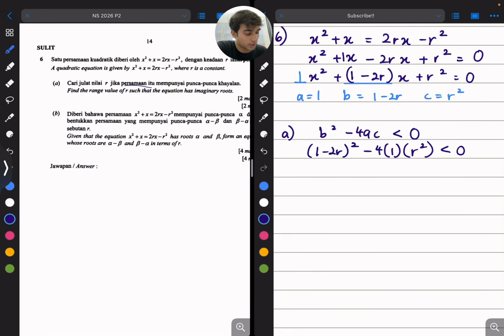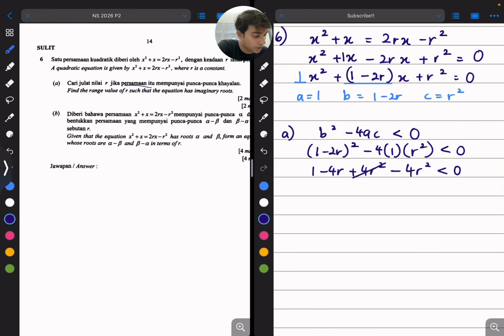Let's do it. So here 1 square is 1. 2 times 1 times this, negative 4r. Negative 2r, you square this, plus 4r square. This one we expand, minus 4r square.